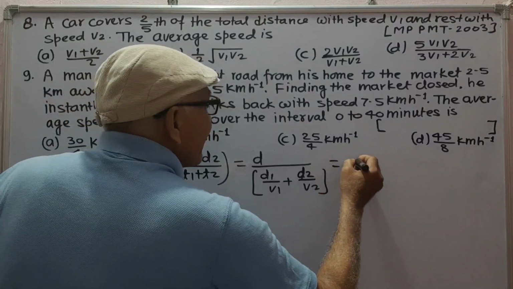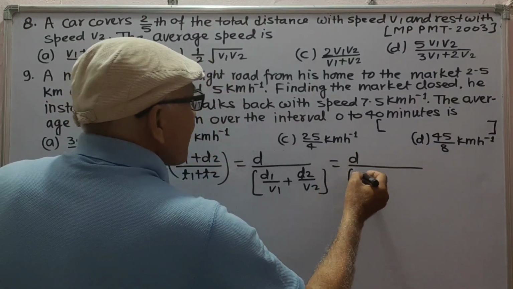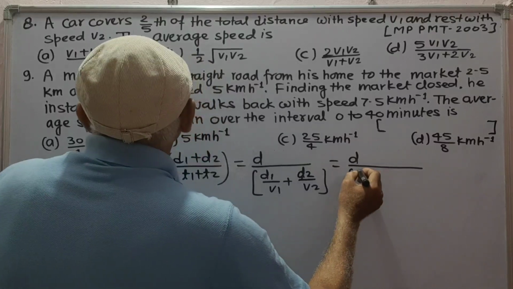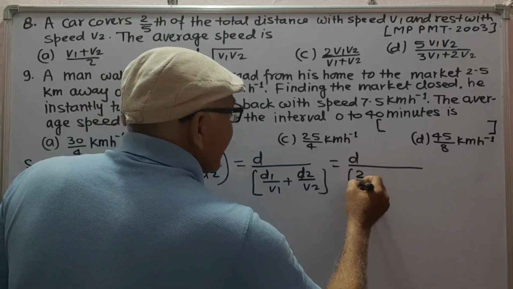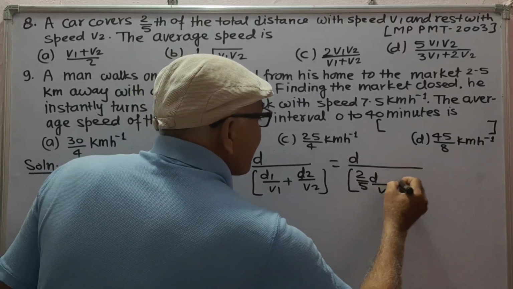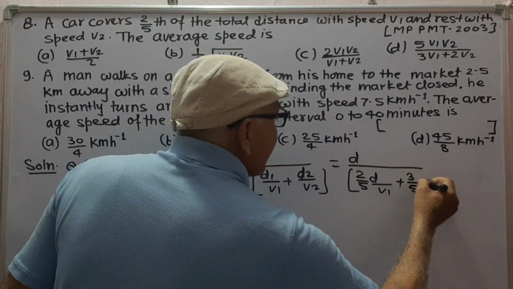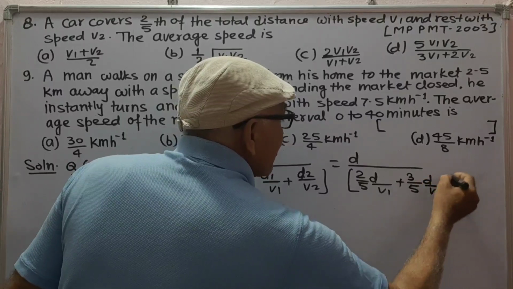So this is d upon, d1 is 2 by 5 d upon v1, plus remaining is 3 by 5 d upon v2.